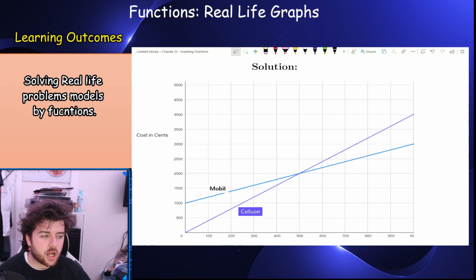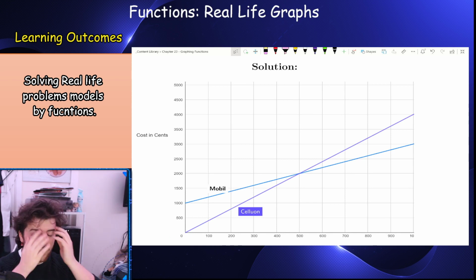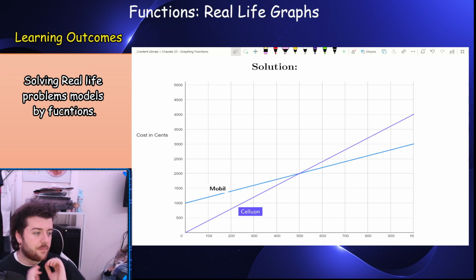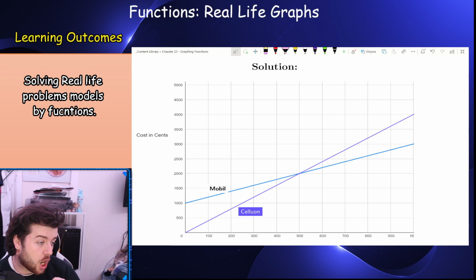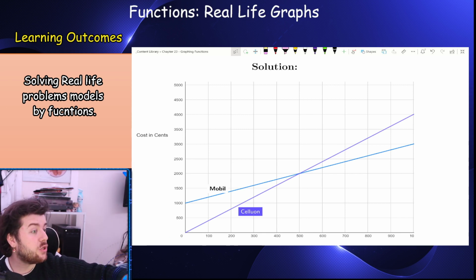So we have to know what a fixed fee is first of all. A fixed fee would be a fee a company charges before they do a job. So for example, let's think of a taxi. In a taxi, it's standard practice you pay for the distance you traveled.